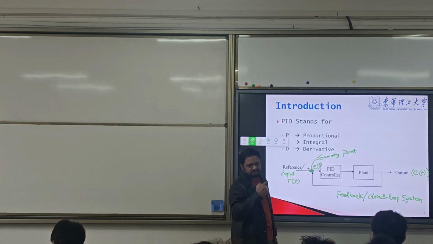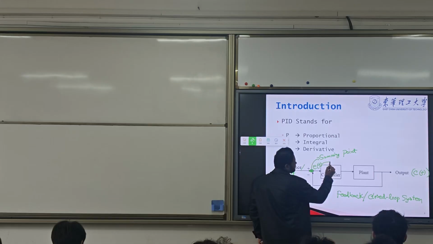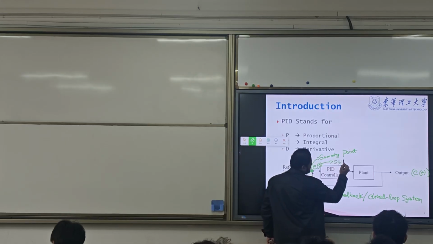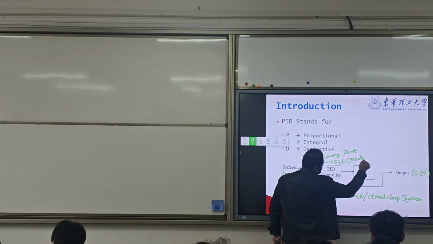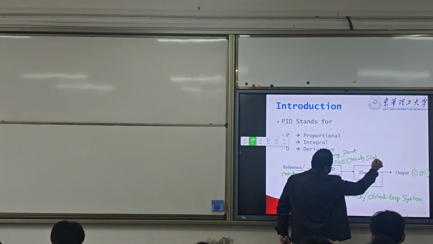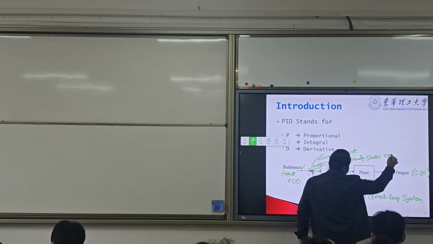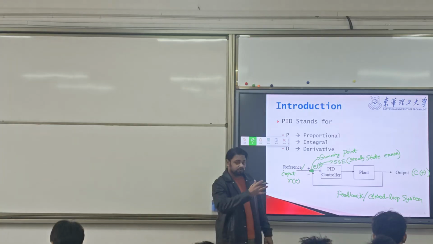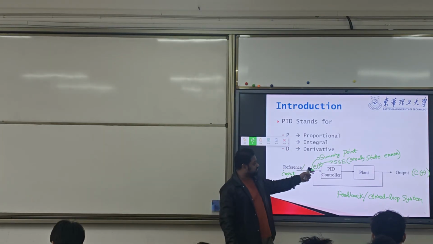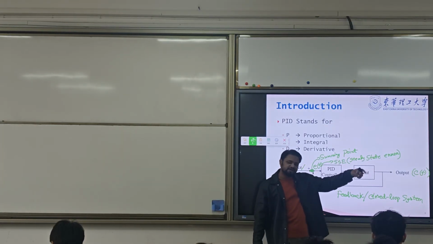What is the name of this error? Steady state error. Now, what we learned before, that error goes through the plant and we get the output.